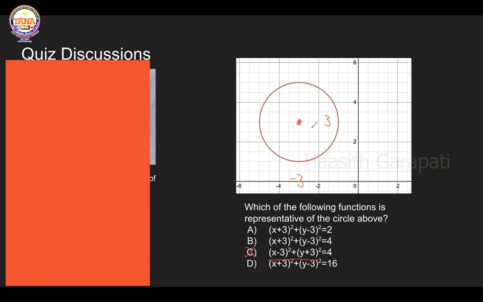Now, what is the radius? Well, 1, 2. The radius is 2. So that means that r squared is equal to 4, and therefore the correct answer is going to be B.